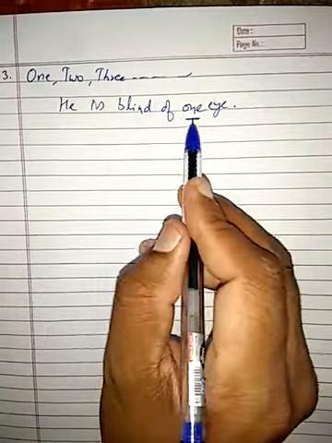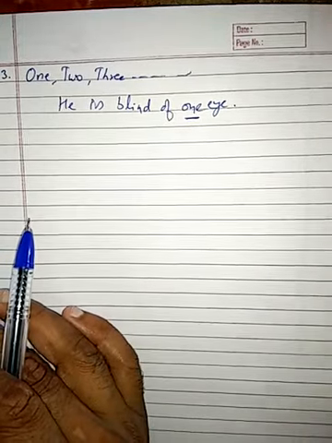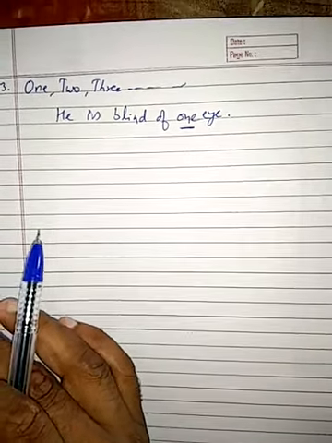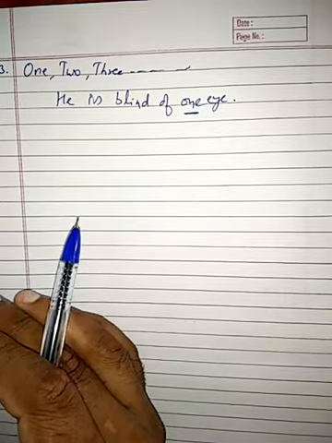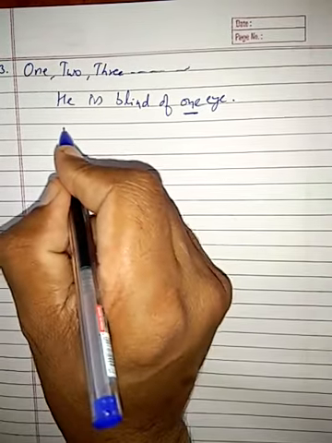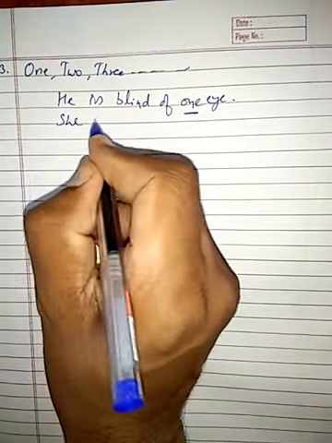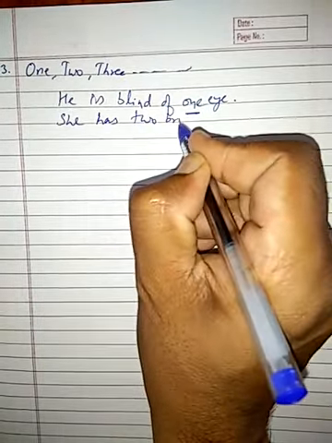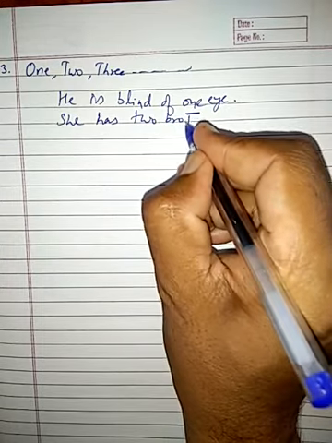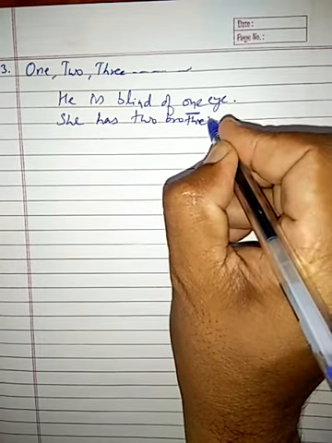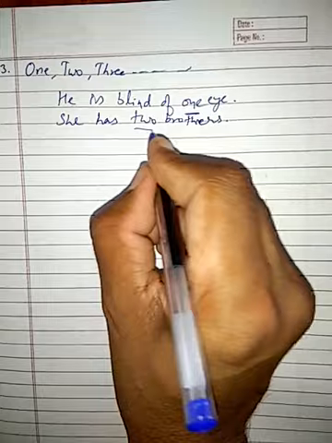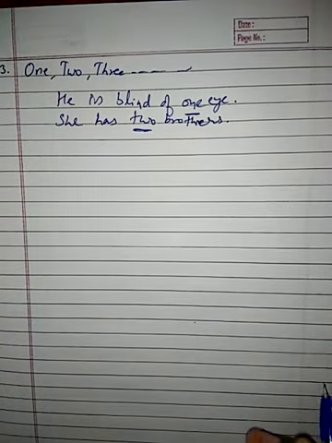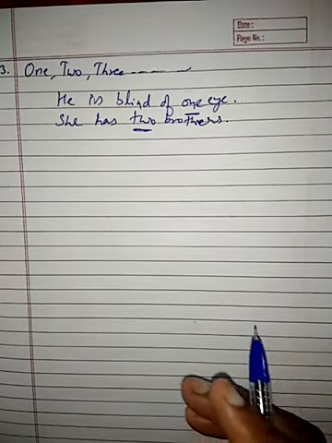So what is one? One tells you about the cardinal numerals. Next, she has two brothers. So how many brothers? Two. It tells you the number.